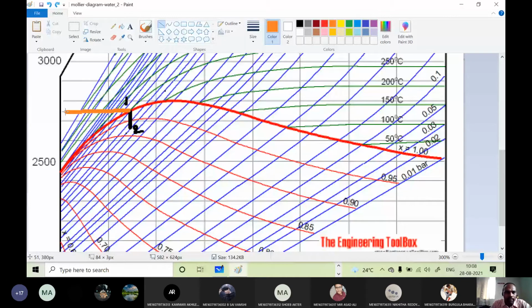Right, this is the H1 line, this is the H2 line. Agree? Now this is H1 and this is H2. So if you see here, 2500 is here and 3000 is here.